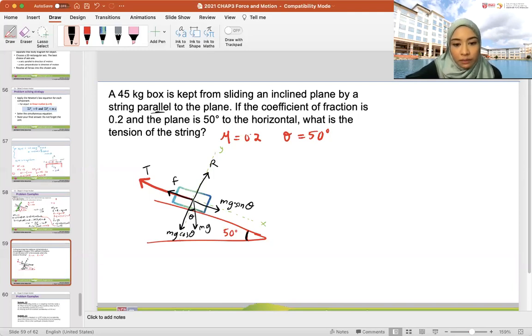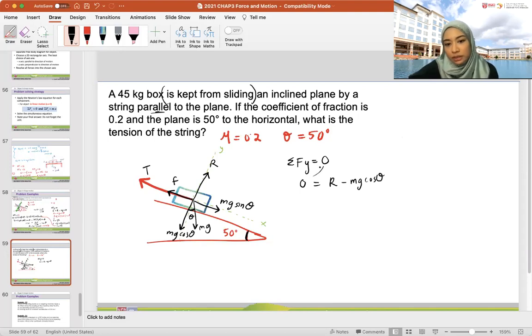Okay, so we have mg sine theta and mg cosine theta this way, and it is kept from sliding, therefore acceleration is 0 in the y, acceleration is also 0 in the x. So that is our condition. Let's start with our Fy equals 0 because it's not flying. So we have R positive minus mg cosine theta, and this guy is equal to 0.